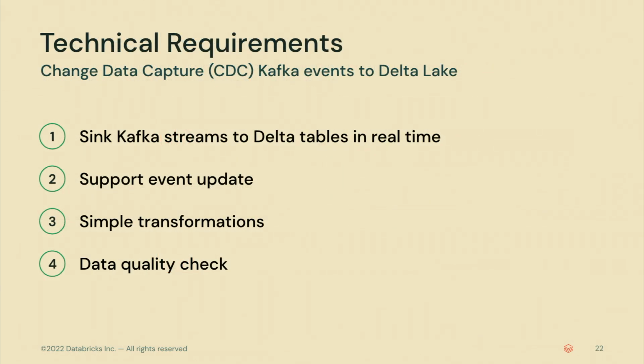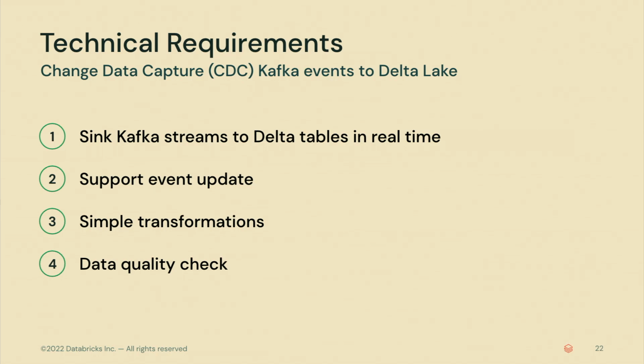So for some of the technical requirements, as Block has been consolidating on using Kafka for our data ingestion and Data Lake for our data storage, we want to make sure we sync Kafka streams to data tables in real time. We also want to support event updates because some information might not be available at the time of the initial ingestion.